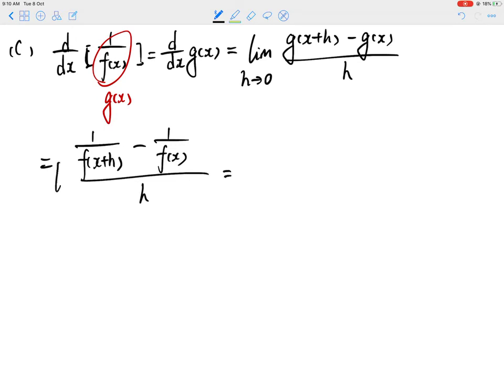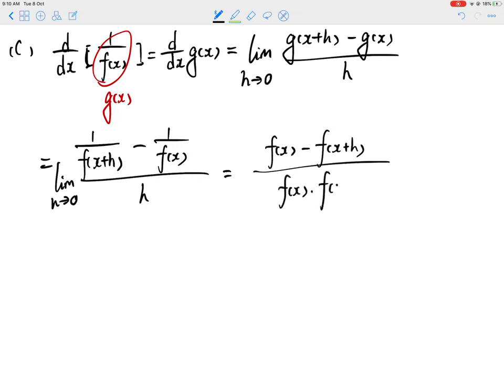Sorry, I forgot the limit. Now you can calculate the difference of these two fractions. It is f(x) minus f(x plus h) over f(x) times f(x plus h), and in the bottom you have an h, so times 1 over h, with the limit.